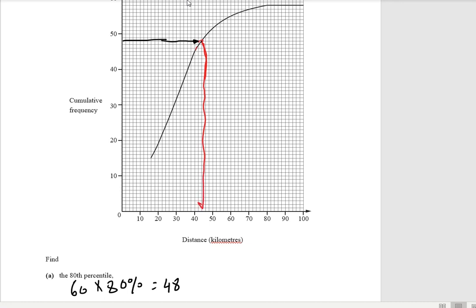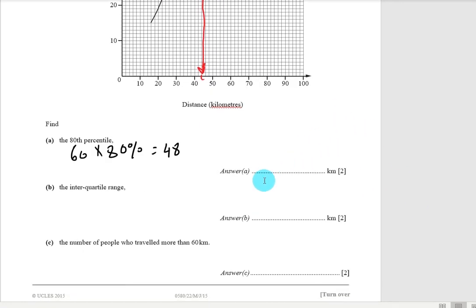So this is your location, here in this point. So 40, 42, 44. So you can write here the answer equal to 44.